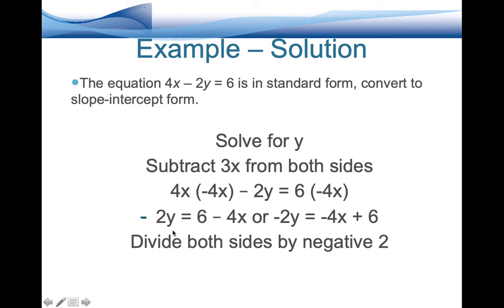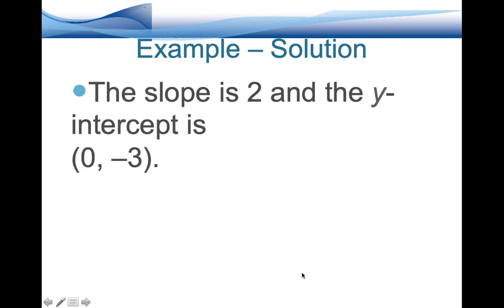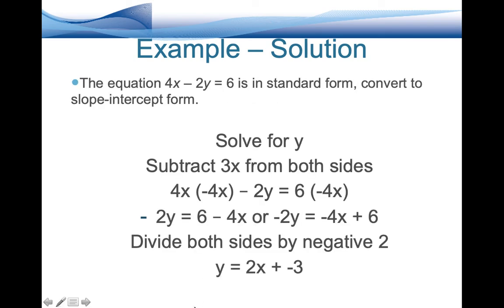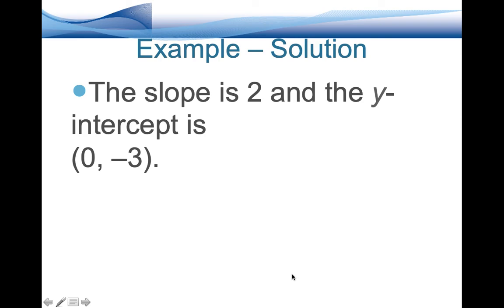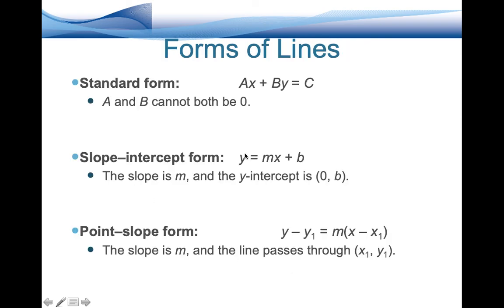So divide both sides by negative 2 to get rid of that negative 2. So I'm going to say 6 divided by negative 2 and negative 4 divided by negative 2. And so what you end up with is y equals 2x plus negative 3. The slope is 2 because that's what's with x. And the y-intercept is negative 3, or 0, negative 3 is the actual point.